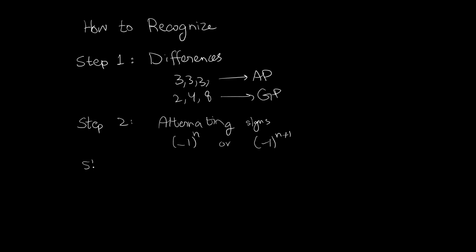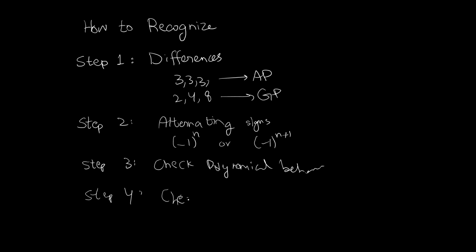See if it looks like a polynomial. If not, then the last step is to check for recursion: if it's not AP or GP, there are no alternating signs, and it's not polynomial behavior. Recursion means that each subsequent value depends on the previous one or the last two terms.